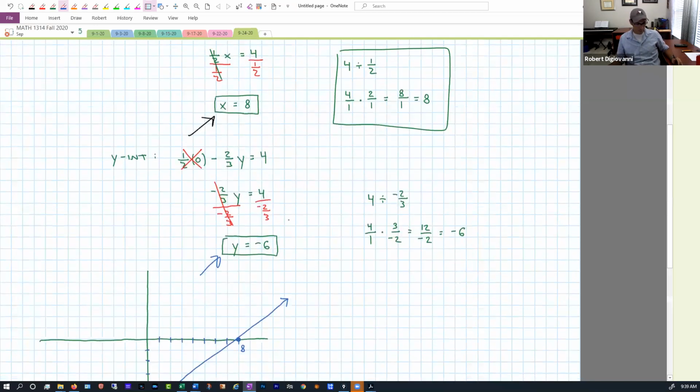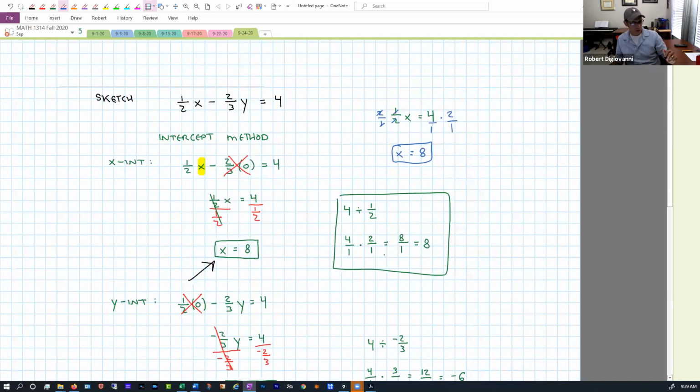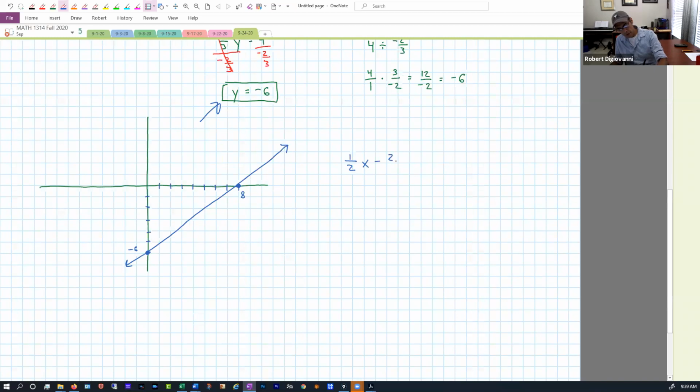So just so that we understand why the graph is useful, I'm going to rewrite the original problem over here. And let me just ask you real quick, is it possible that, let's say, (-4, 6) could be a solution to this?